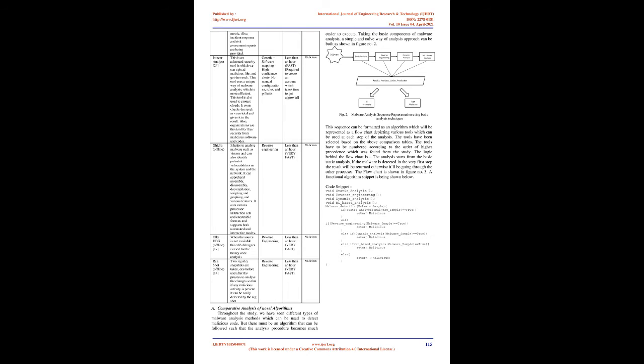Implementation, comparison, and algorithm analysis. The online and offline software identified has been shown in Table 3. Table 3. Comparison of various malware analysis tools, both online and offline. Name. Description. Detection. Time. Result. Reverser. Online.